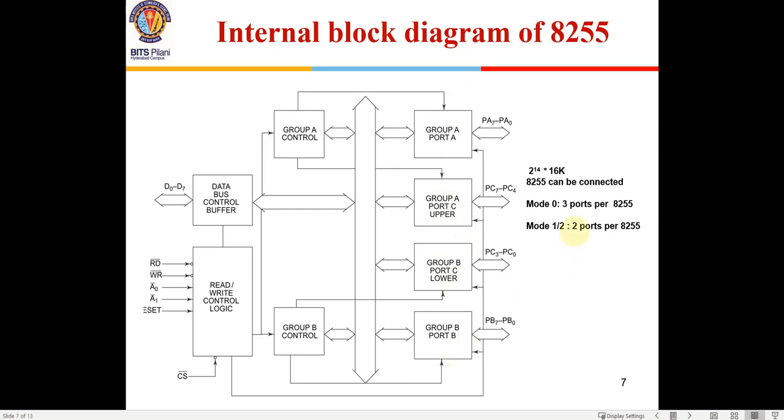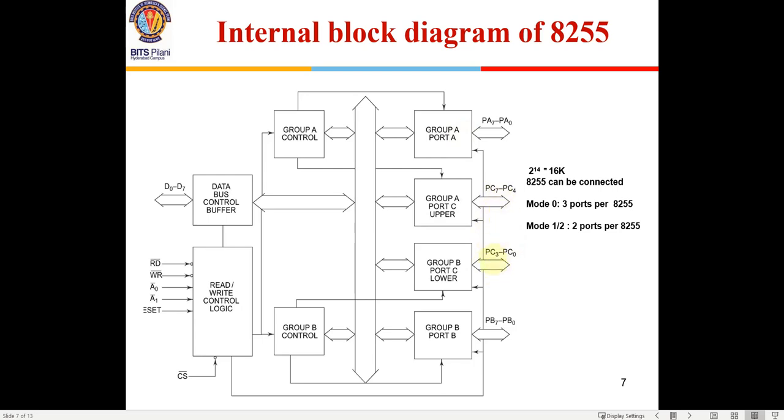And there is something known as mode 2. In mode 2, only group A can be configured as mode 2. So once you configure group A as mode 2, all the 8 bits of group C will get associated with group A for bidirectional handshaking.